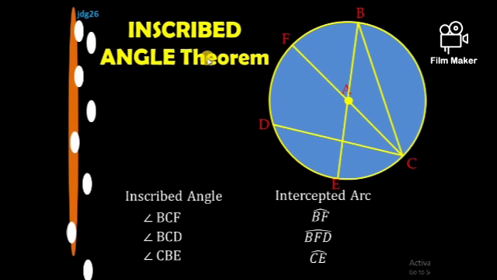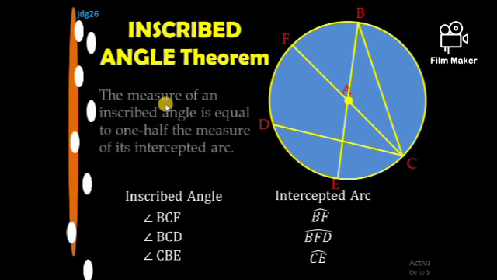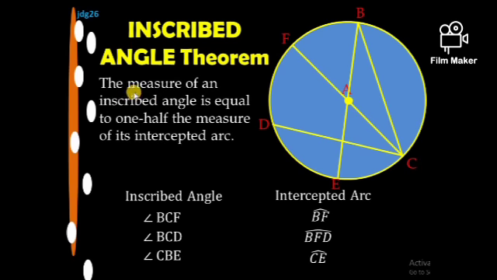Now let's have the inscribed angle theorem. It states that the measure of an inscribed angle is equal to 1/2 the measure of its intercepted arc. So, bigay tayo ng sample. So, gamitin natin yung ating mga inscribed angle na nilista kanina at ang kanilang intercepted arc.